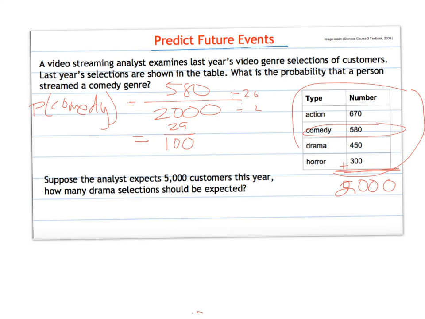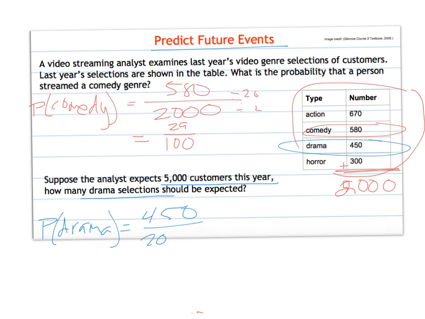Now using that information to predict future events, suppose the analyst expects 5,000 customers this year. How many drama selections should be expected? We're going to go back to our knowledge of proportions. The experimental probability from previously of drama is that 450 of those 2,000 had selected that.